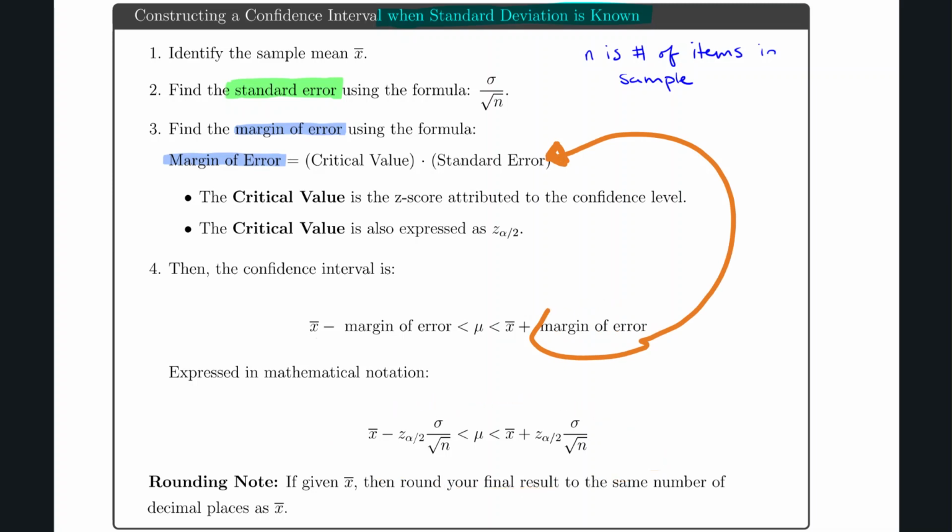Now there is an important rounding note. Be sure you take note of this. If you've been given an x bar, a sample mean, then round your final results to the same number of decimal places that x bar had to begin with. So keep these steps, this page of your notes, handy as we go through the next examples.